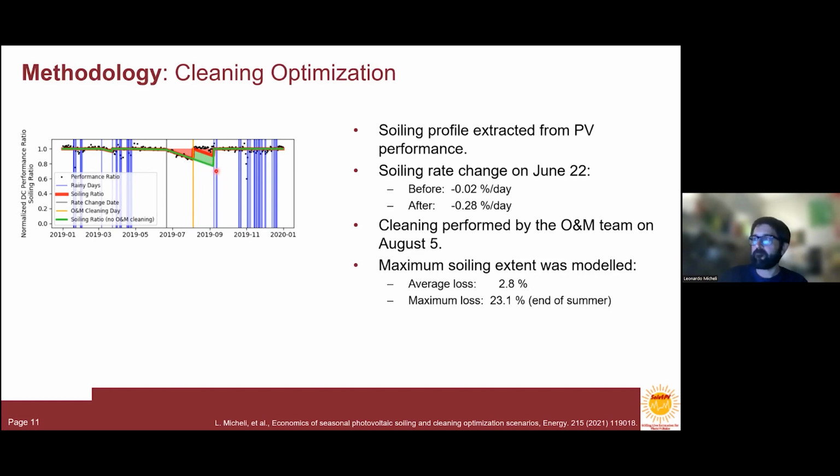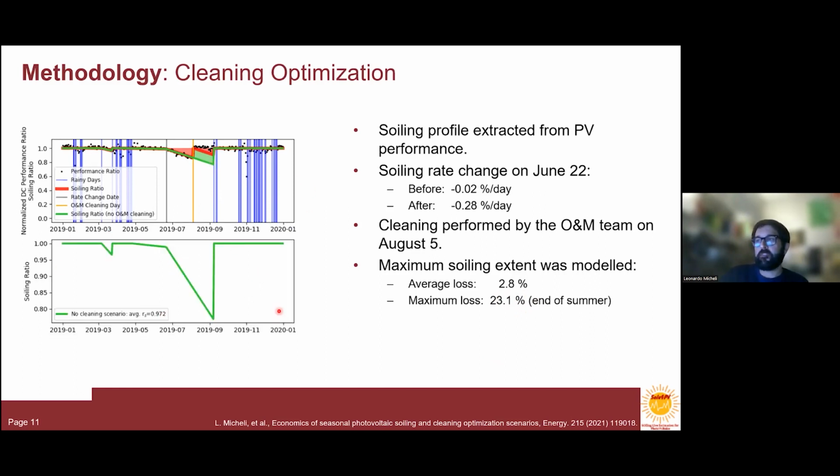As you can see, in this case, if soiling is unmitigated, most of the losses, 95% of the losses for this site, take place in summer, which again is the driest period and the period in which the concentration of particles and dust in the air is the highest. Toward the end of the summer, before the first rain of September, losses can be as high as 23%. And over the whole year, the losses are in the range of 3% if we take an average.